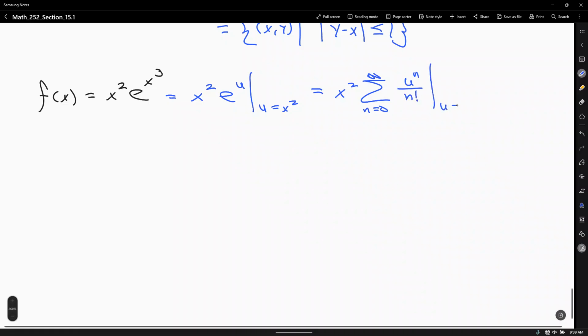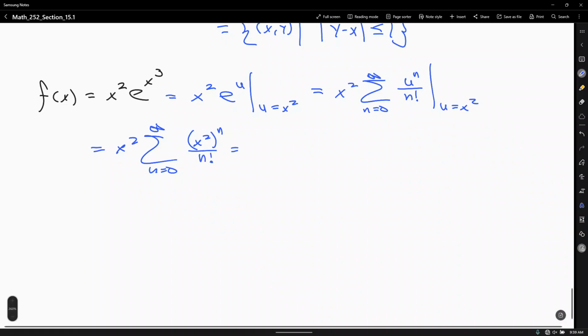However, we have u equals x cubed. What do we do with this? Back substitute for u. x squared sigma n equals 0 to infinity of x cubed to the n power over n factorial.